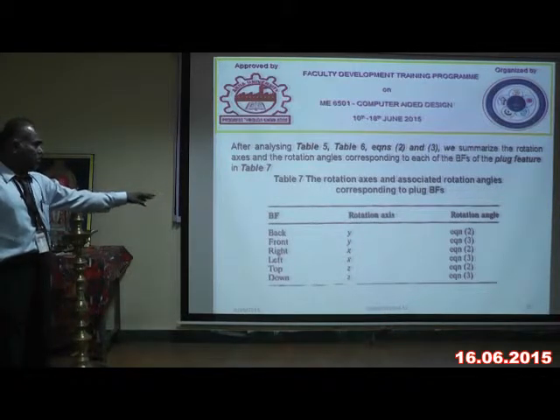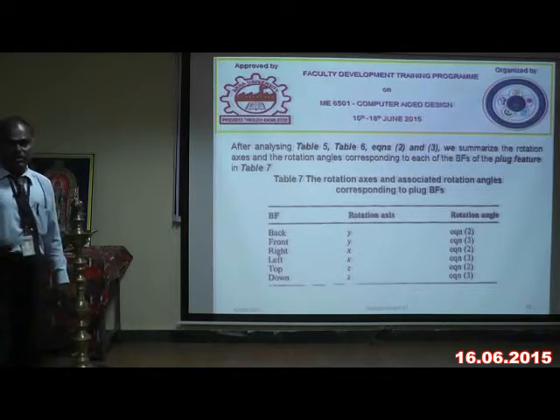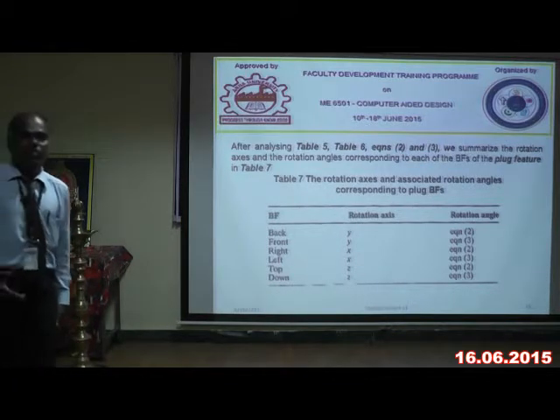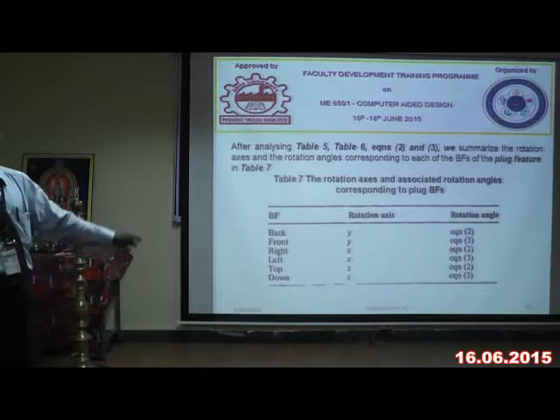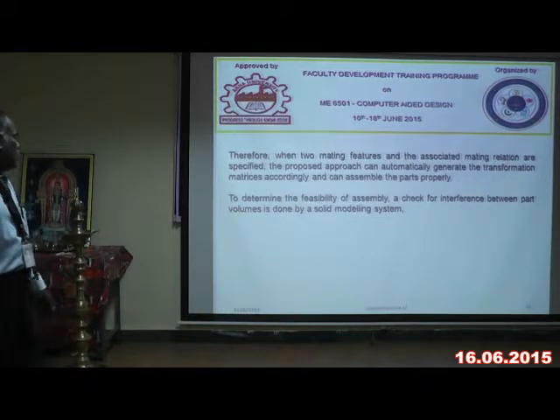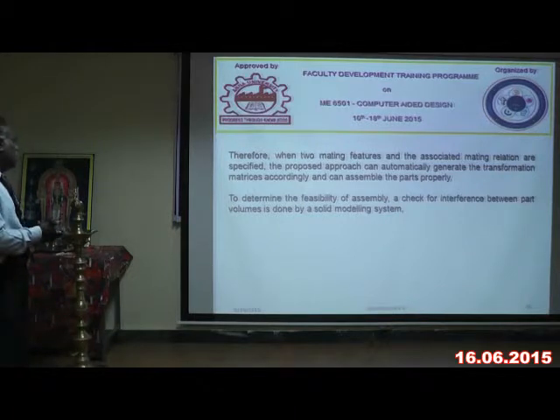All 3 equations allow automatic execution of the program in the software. Therefore, when the 2 mating features and the associated mating relations are specified, the proposed approach can automatically generate transformation matrices and assemble the parts properly.